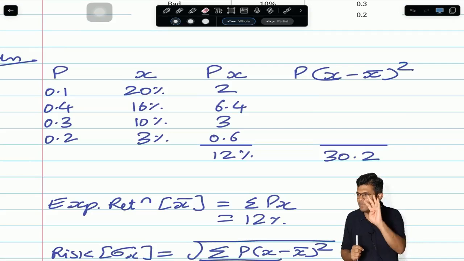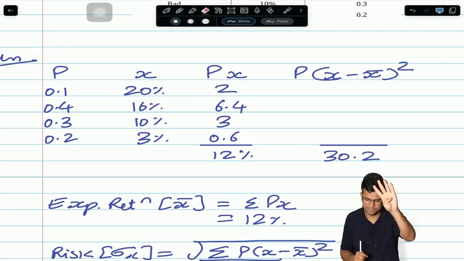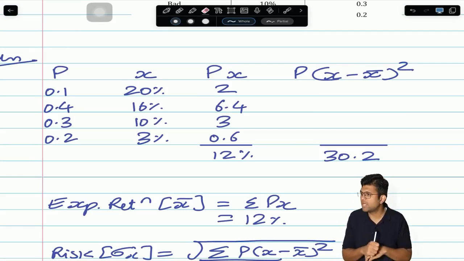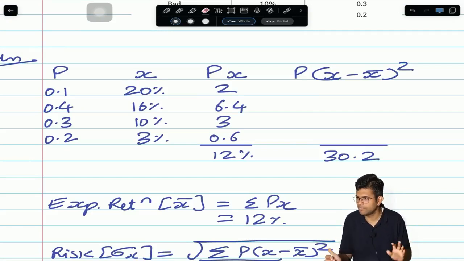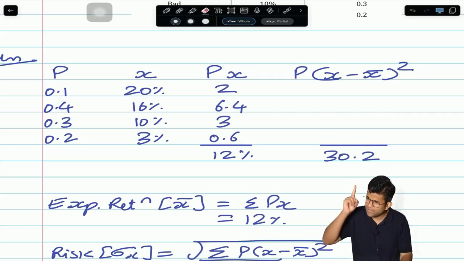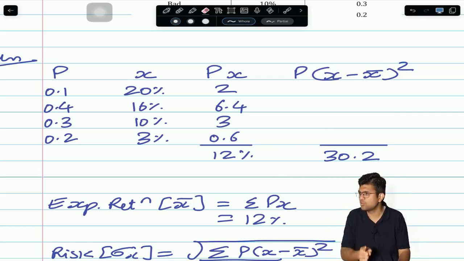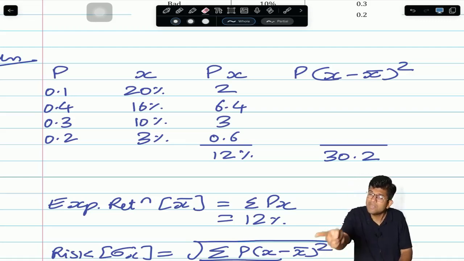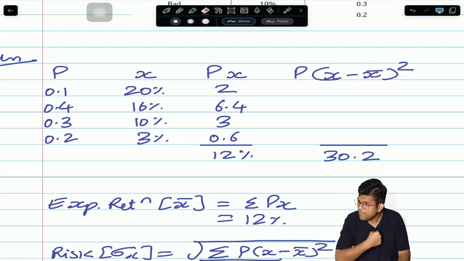Now, fourth mistake. Fourth is a terrible mistake. It is so terrible that even after telling students so many times in the live face-to-face classroom, even after telling, then also in the immediate next question, I made the mistake in the class.